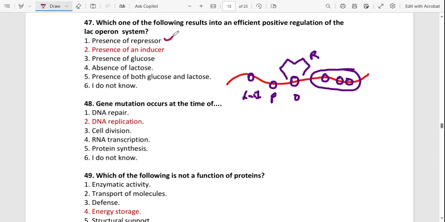So the presence of a repressor inhibits the lac operon from functioning.